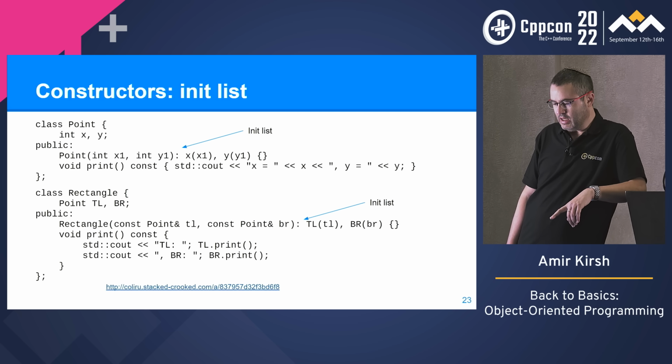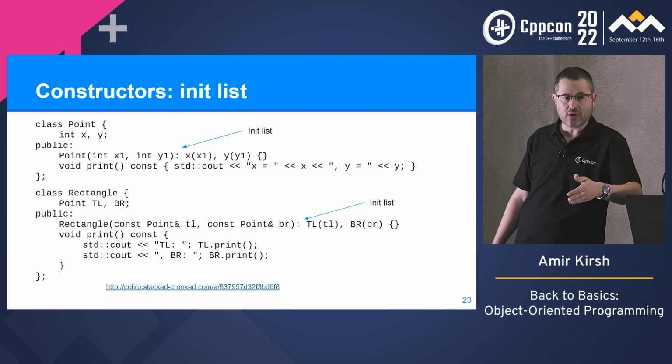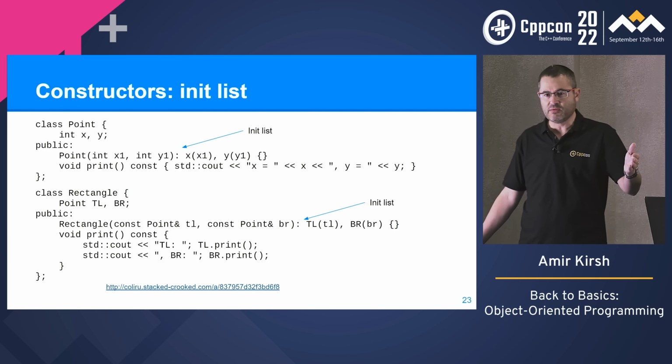I'm initializing the internal points inside the rectangle, TL and BR, with small TL and BR, even though I don't see here which constructor I am calling there. Rectangle is initializing its own points with the copy constructor of point. And we didn't implement the copy constructor, but we have the default copy constructor, which is fine.